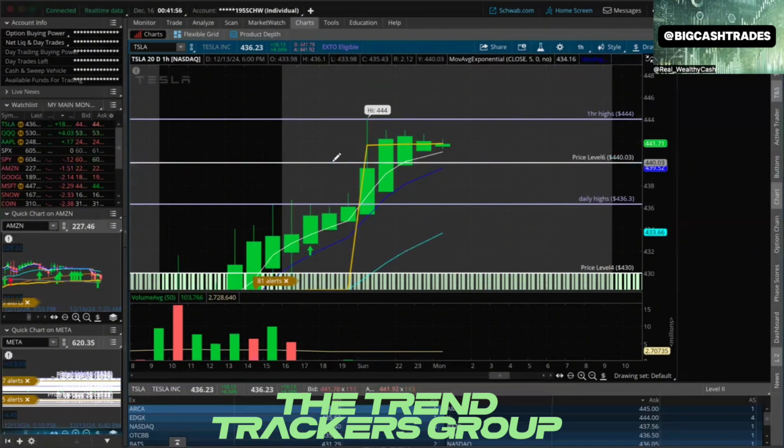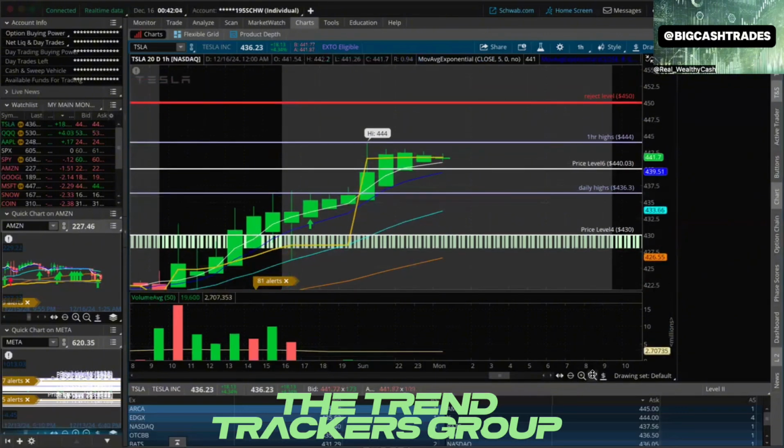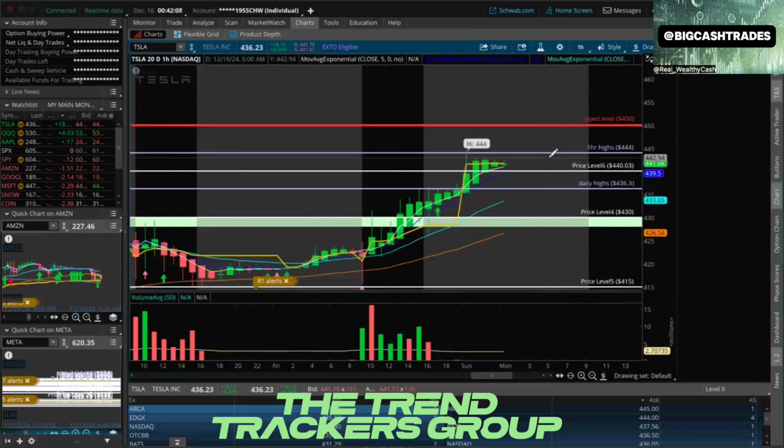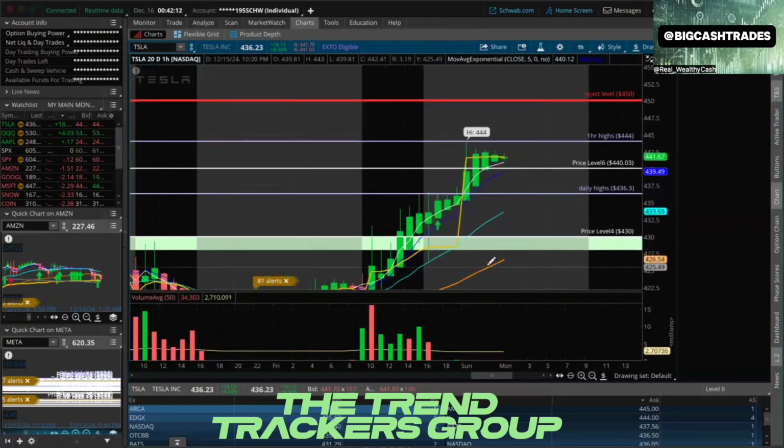And then if it breaks over 440, we can even see 444. So if it doesn't give us a sign to get out at 440, and it's still holding levels, still holding the 5 EMA strong, and it's not breaking below it, we can stay in and try to push to 444.